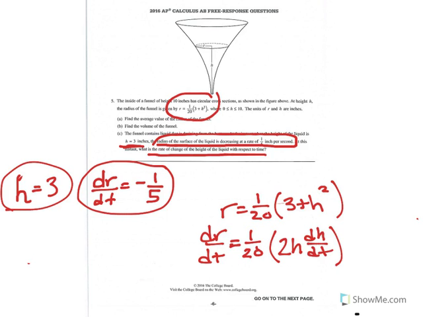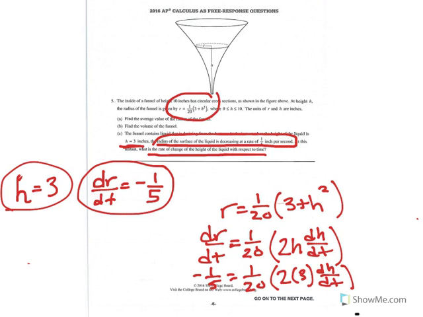And now that I have this piece of information, I could fill in everything I have to find out what dh/dt is going to be. So dr/dt is negative 1/5 equals 1/20th times 2, do I know h? Yep, that's 3, times dh/dt.